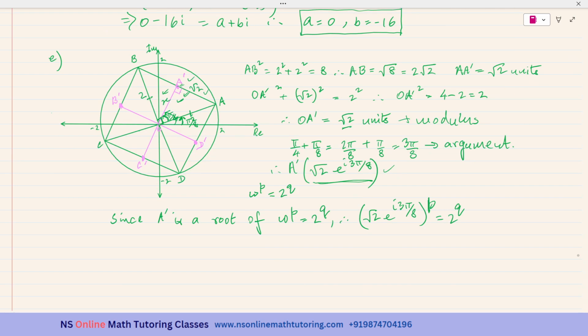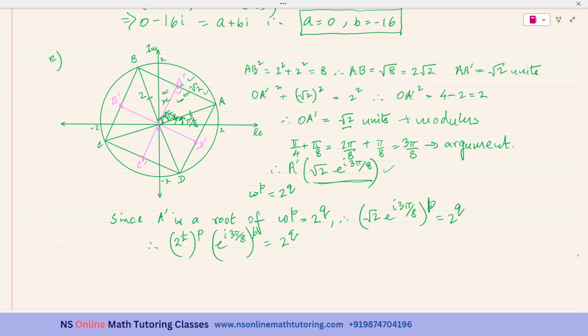Root 2 is 2 to the power of half. So 2 to the power of half, raised to the power of p, times e to the power of i 3 pi over 8, raised to the power of p, is equal to 2 to the power of q.